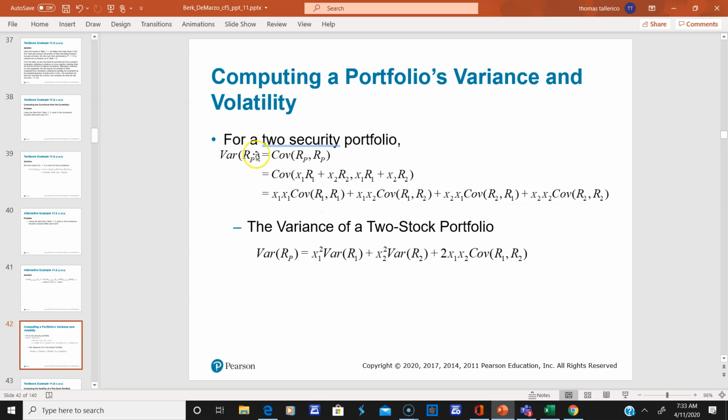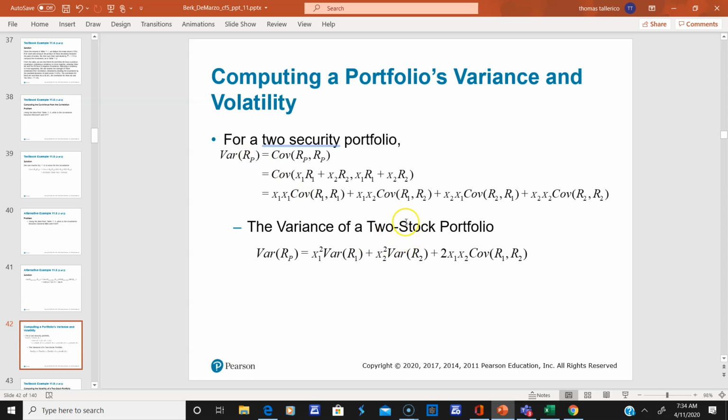So here's how you calculate the variance from the covariance. Again, don't get too bogged down in this math, but this is how you get the variance if you're given the covariance. So little P stands for portfolio here.